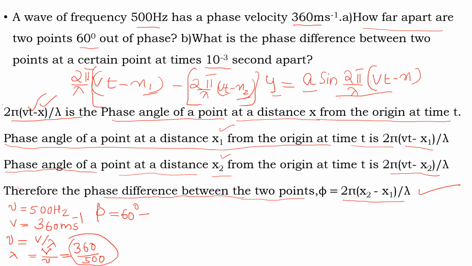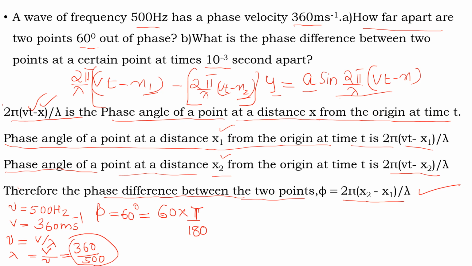And we know that the 60 degree corresponds to a radian of pi by 180. Because 1 degree corresponds to pi by 180 radian. Because 180 degree means pi radian. Therefore, the 60 degree corresponds to 60 into pi by 180 radian.